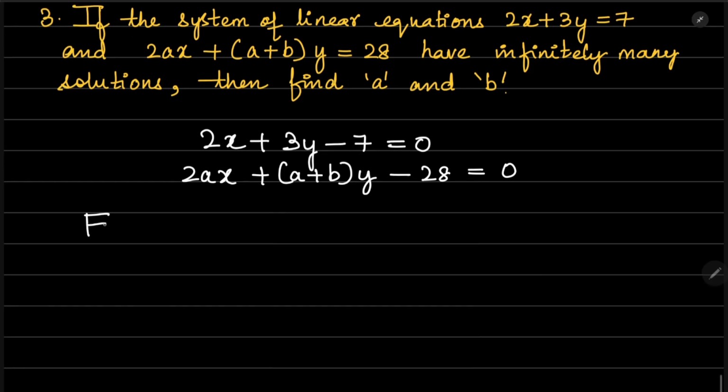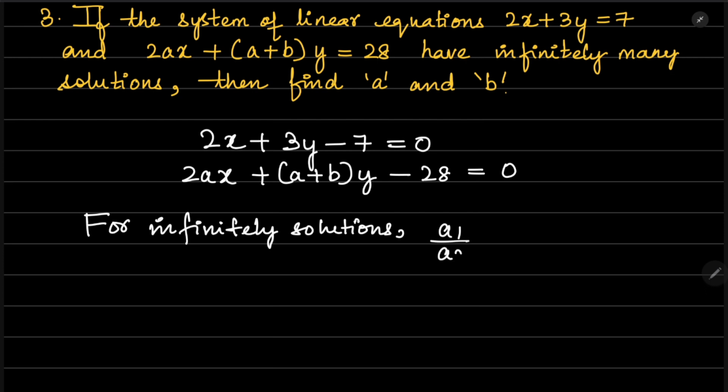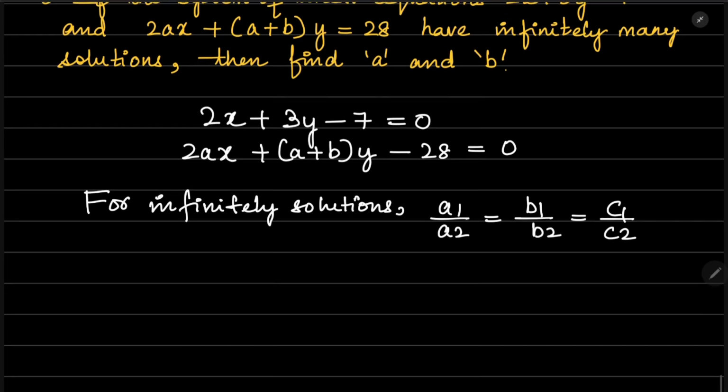Now, what did we just see? For infinitely many solutions, what is the condition that the system of equations has to satisfy? a1 by a2 should be equal to b1 by b2 should be equal to c1 by c2. Just write the coefficients.